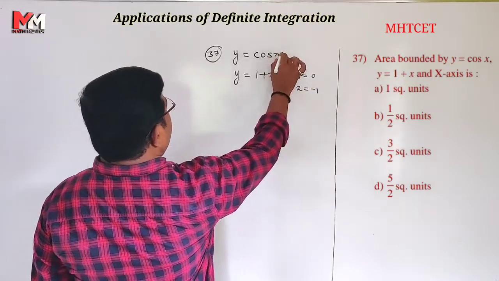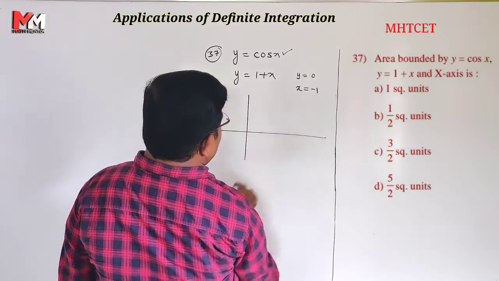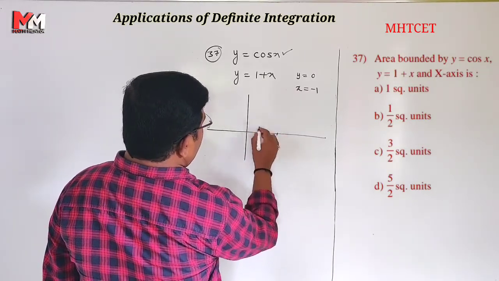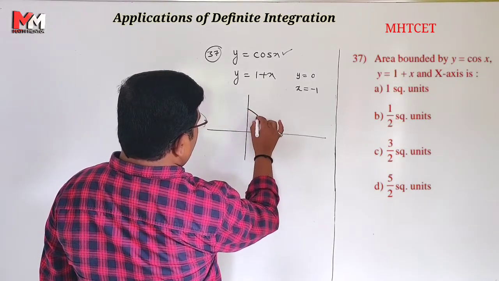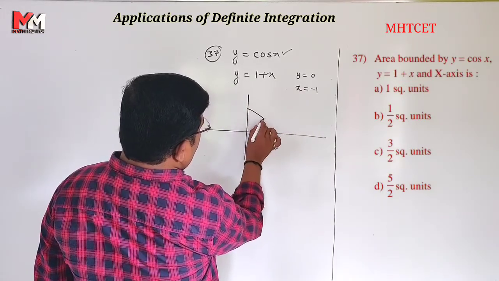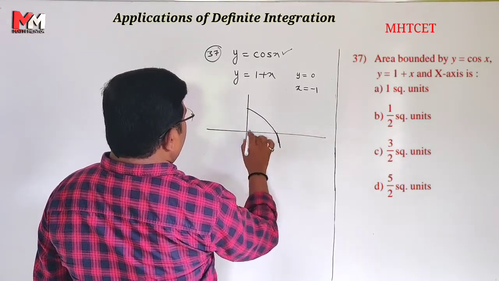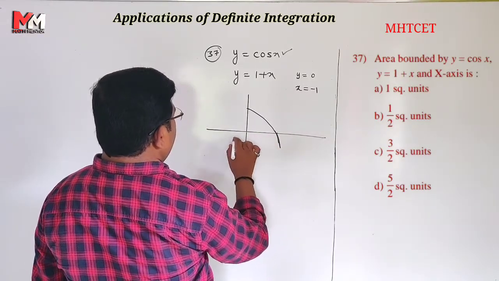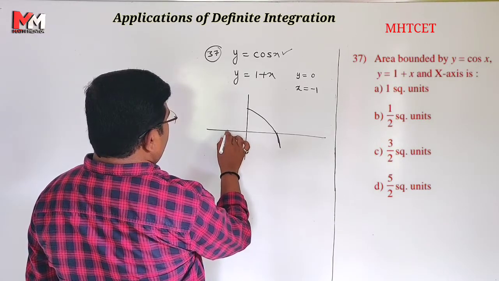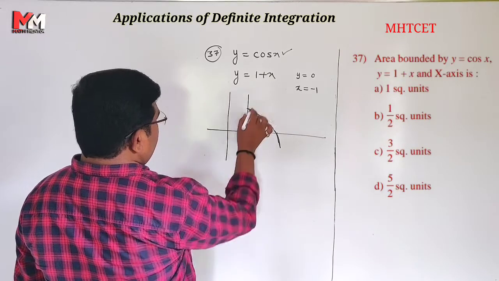So the curve of this function is very clear. This is the x axis, y axis, this is pi by 2. So this will be the curve of cos x. And this is the line. This is x minus 1.